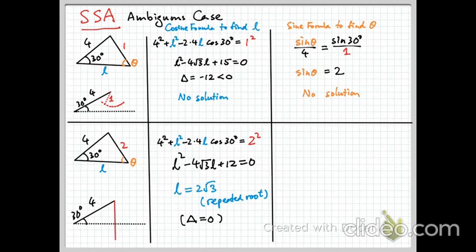So if you remember the swinging arm we just talked about, it's like a straight line swinging on this point. The red line barely touches the ground level, touches the dotted line, so that this is a right angle. And this is how the repeated root works: the red line just touches the dotted line.